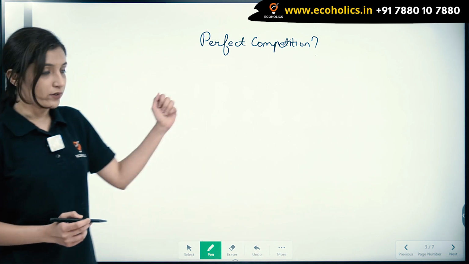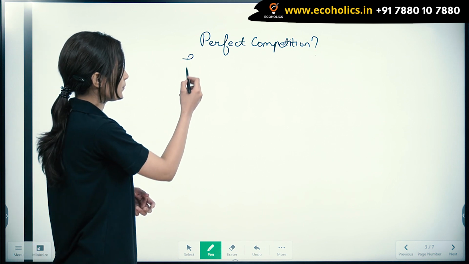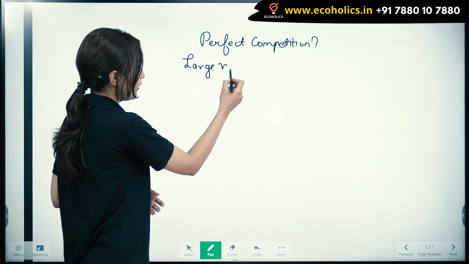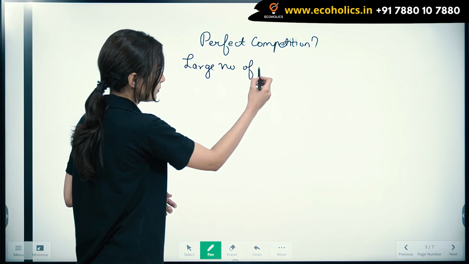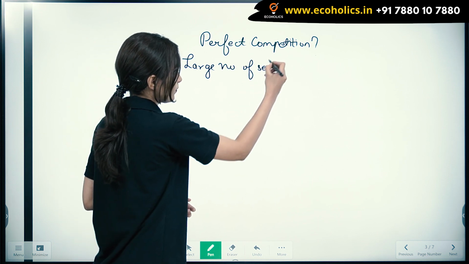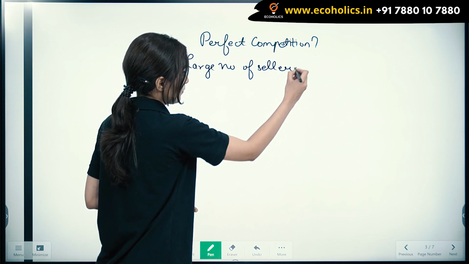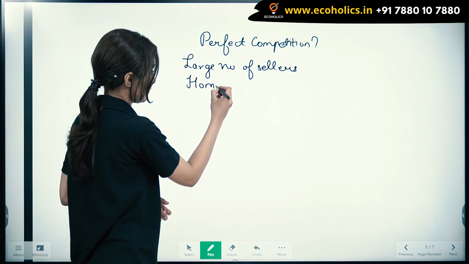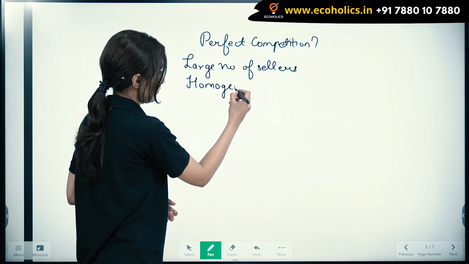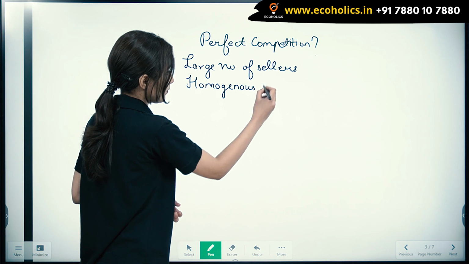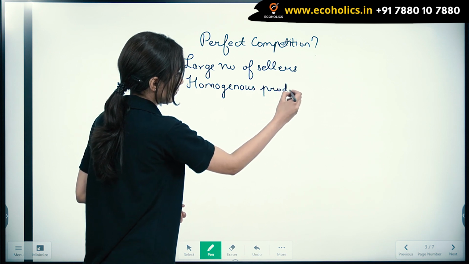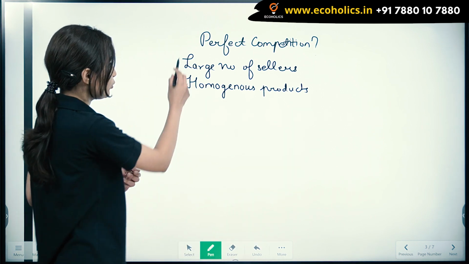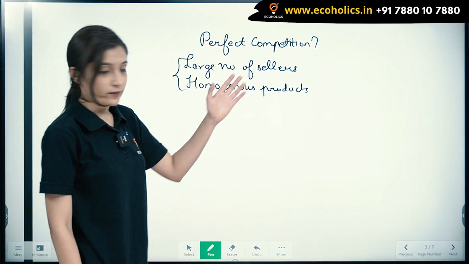So there are two keywords: we have a large number of sellers, and they sell homogeneous products. These are the two conditions for perfect competition to exist.